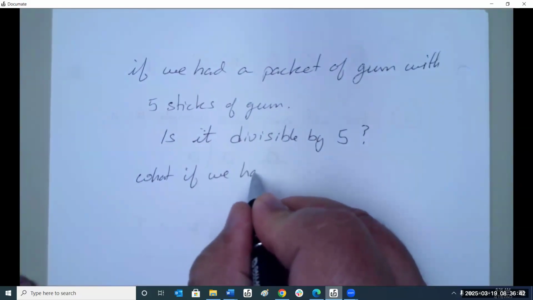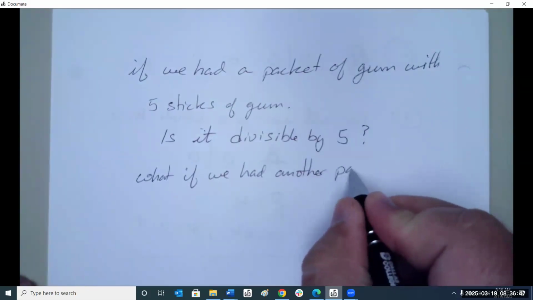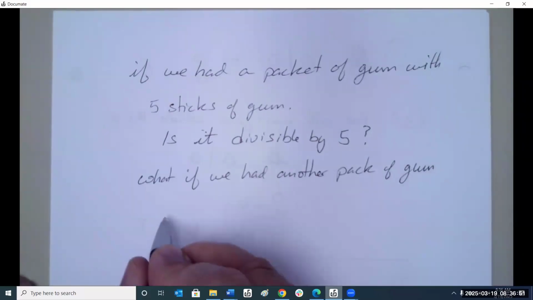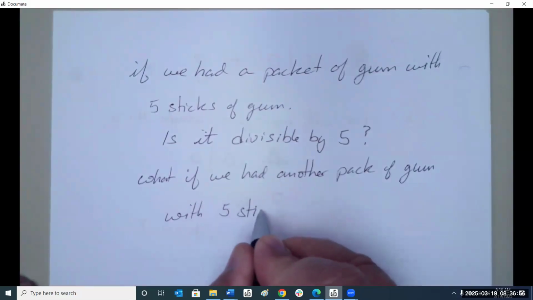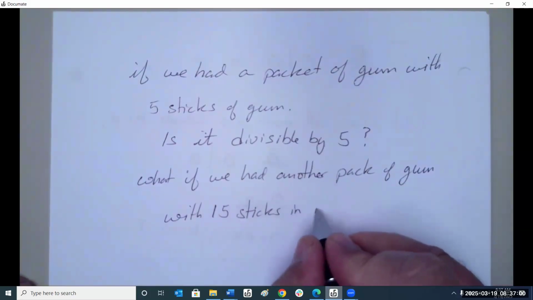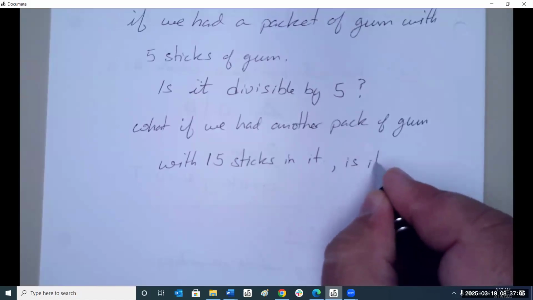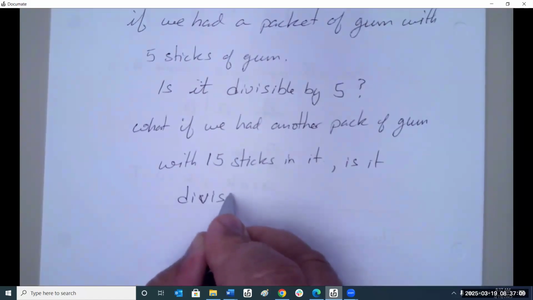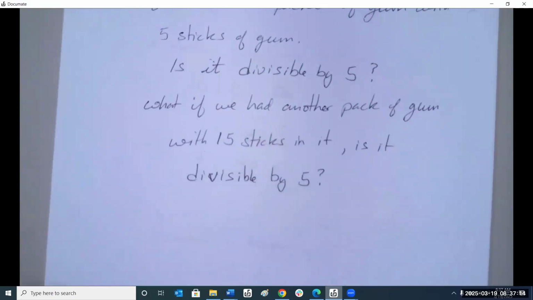What if we had another pack of gum with, let's say, 15 sticks in it? Is it divisible by 5?